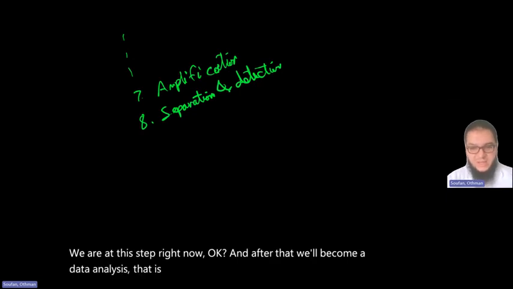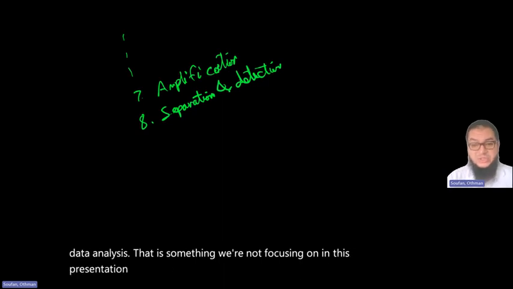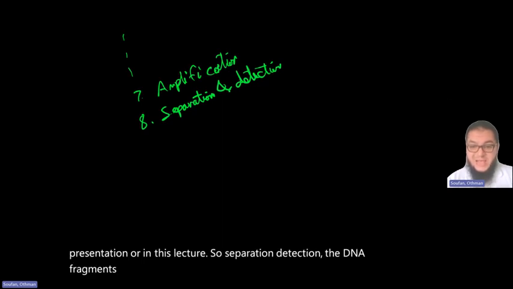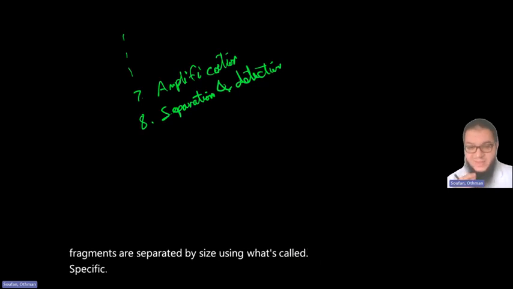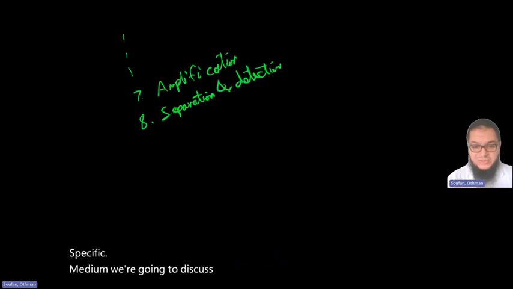Data analysis is something we're not focusing on in this lecture. So, separation and detection: the DNA fragments are separated by size using a specific medium. We're going to discuss two concepts related to that.